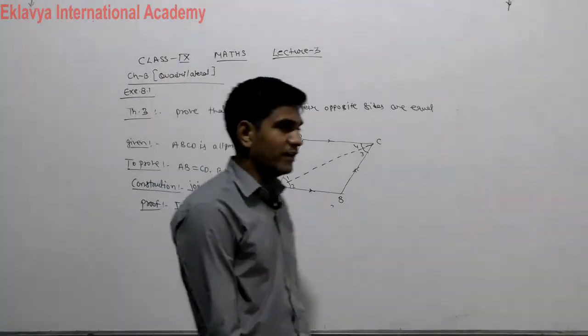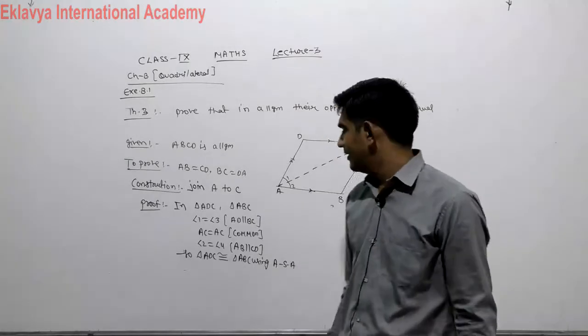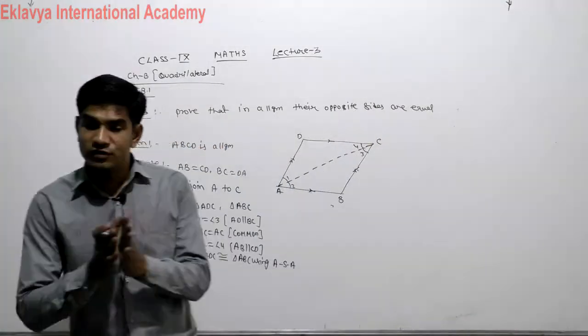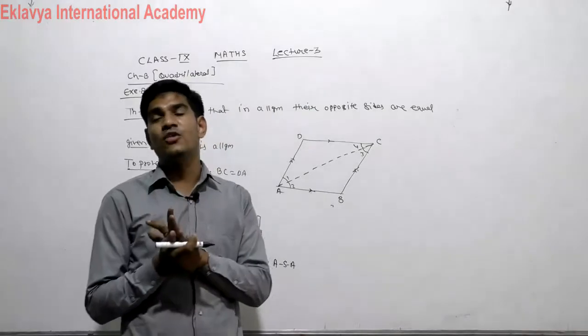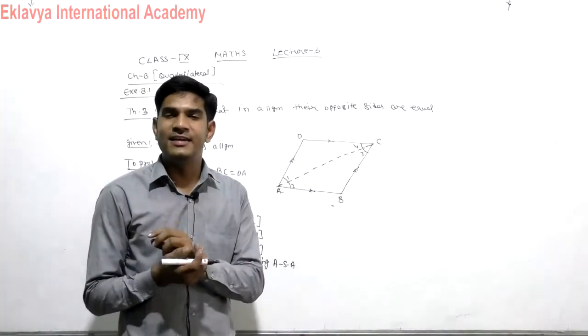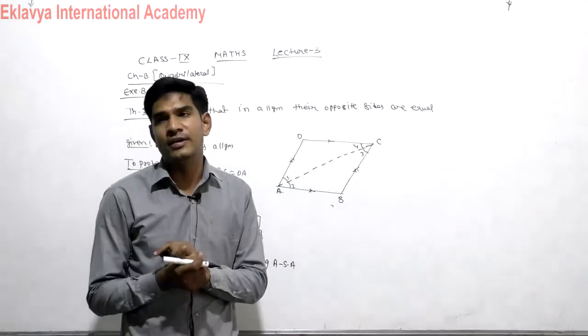Okay, so firstly we proved that the given two triangles are congruent. After that we also know that if two triangles are congruent, then their corresponding sides are also equal and their corresponding angles are also equal.